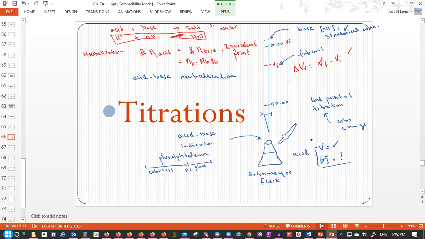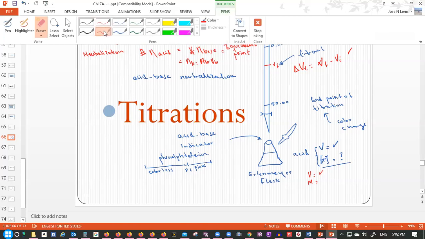And what is the moles of the acid? We know the volume of the acid precisely, but we don't know the concentration, the molarity. Sorry, we don't know that. That's unknown.